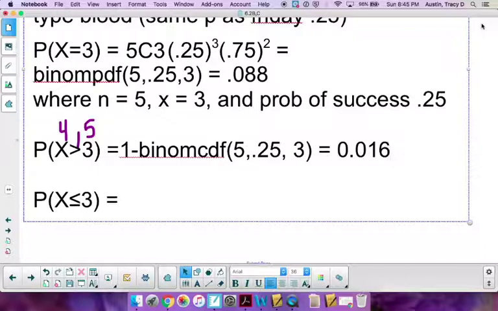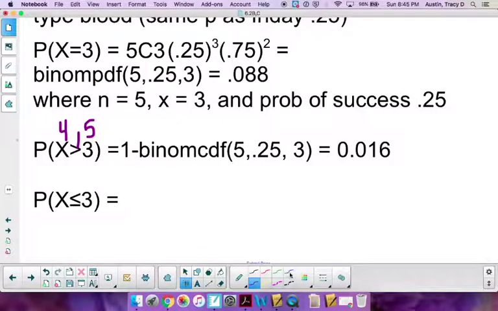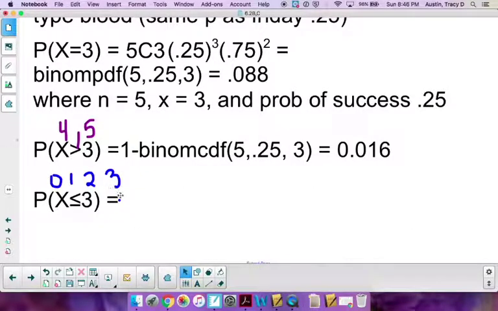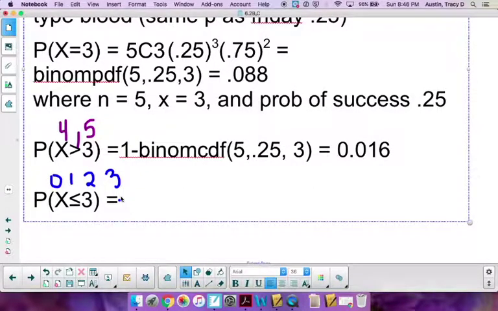All right, so let's try a less than or equal to. Again, what am I including in this one? I'm including 0, 1, 2, and 3. So everything that I left off of the other one would be there. Since this is a less than and we start counting from left to right, this one actually just goes in as a binomial CDF.